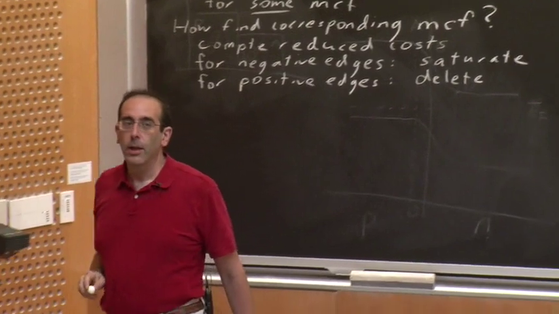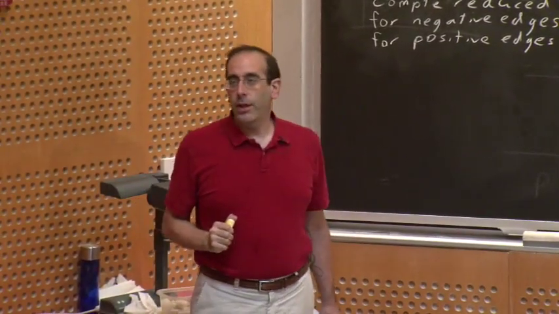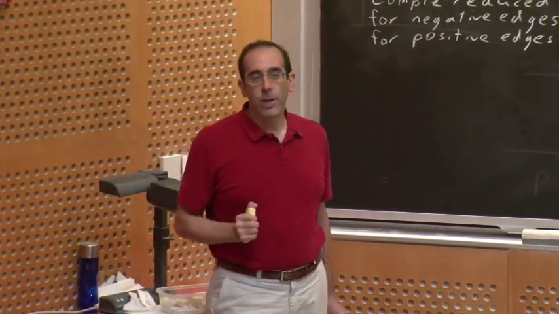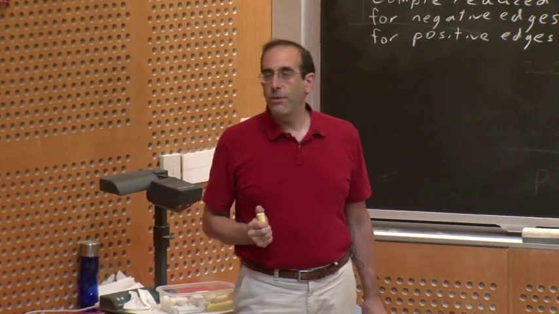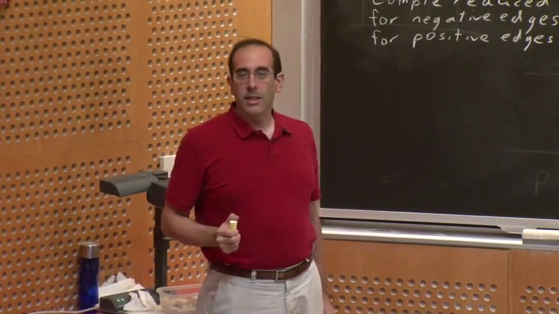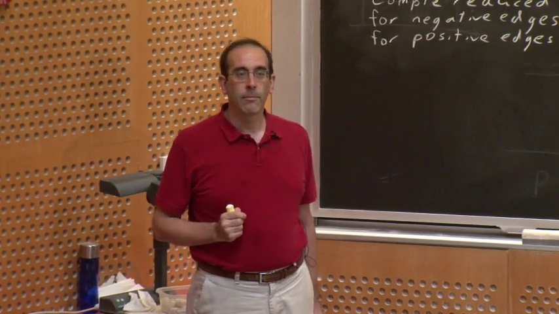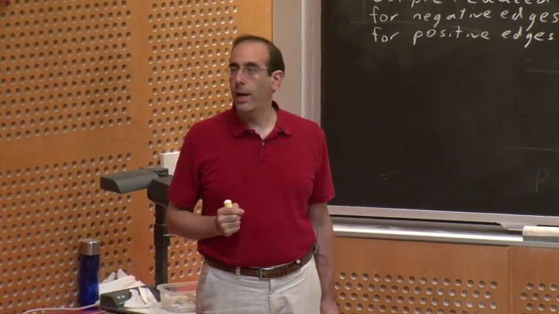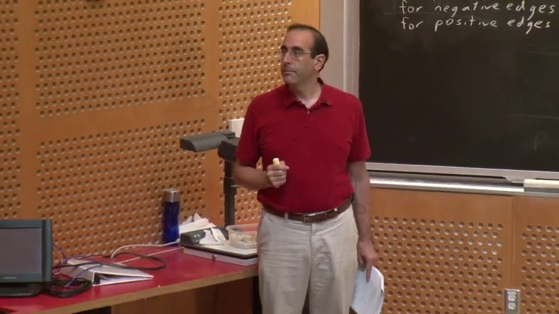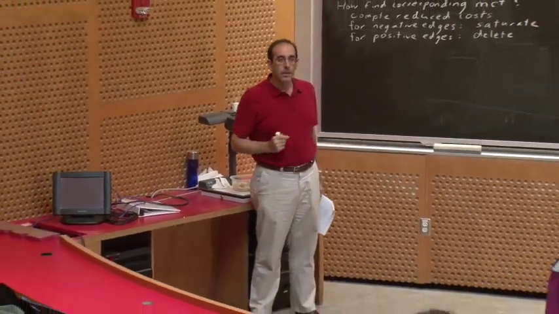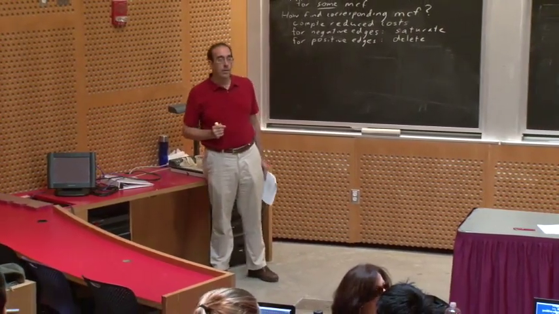Okay. So now I'm in a slightly strange situation, right? I've put flow on some edges. I've removed some edges. Does this give me a solution to the min-cost flow problem? Why not? Yeah, the flows might be out of balance. Right.